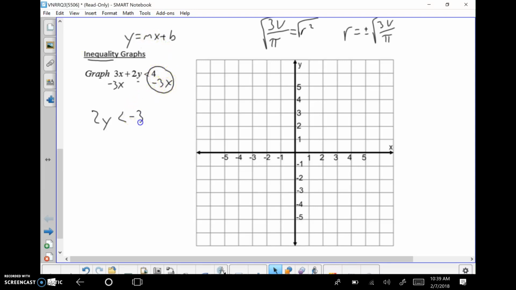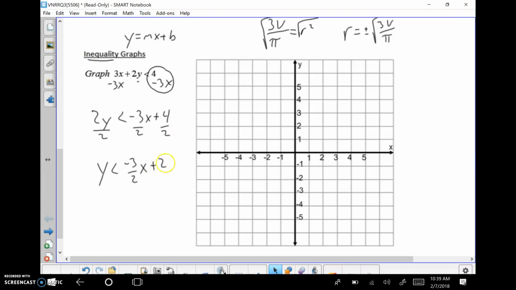So I got to put the negative 3x first and the positive 4 second. Then I could divide by my coefficient. I'm not flipping my inequality sign because I'm not dividing by a negative. I'm dividing by positive, so it's going to stay less than. Negative 3 over 2. It's perfectly normal for our coefficient of x to be a fraction because it's slope. Plus 4 over 2 is 2.